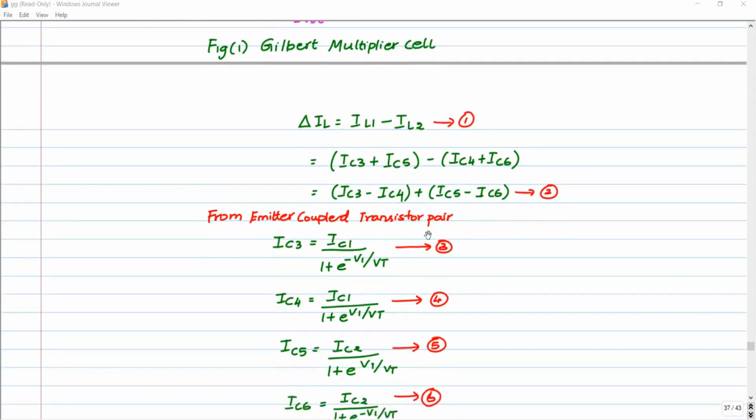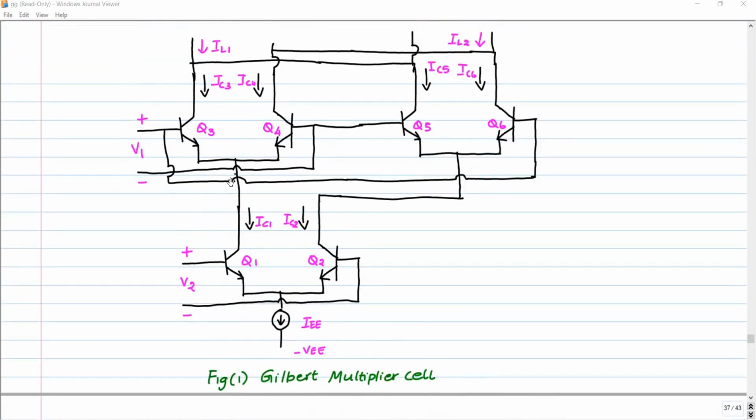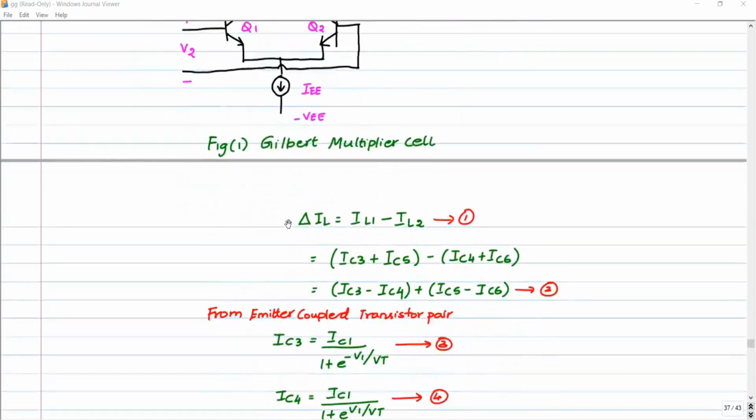From the emitter coupled transistor pair, I can write IC3 is equal to IC1 divided by 1 plus e power minus V1 divided by Vt. IC4 is equal to IC1 divided by 1 plus e power V1 divided by Vt.